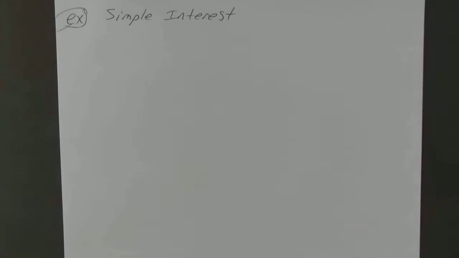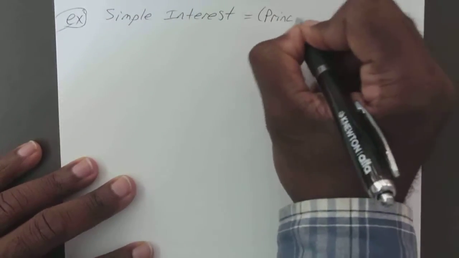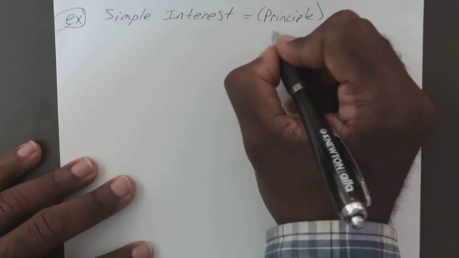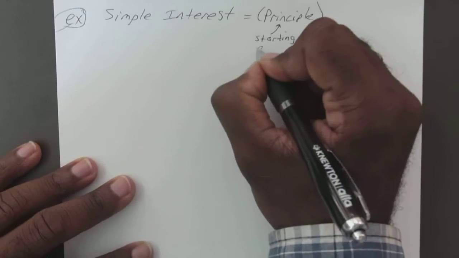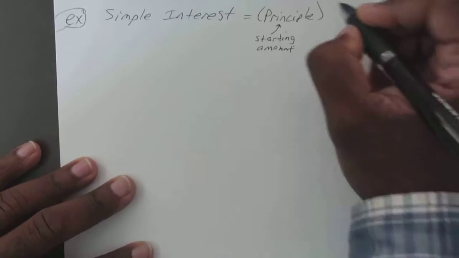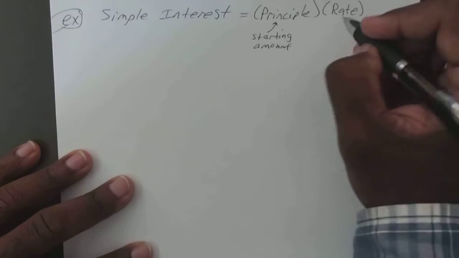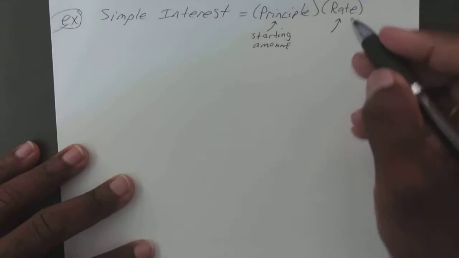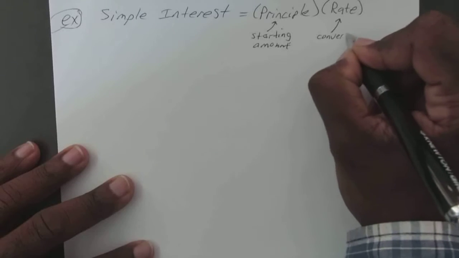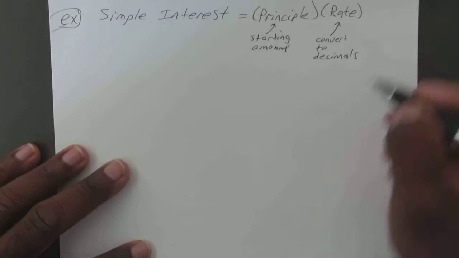Okay, so we know the formula for simple interest. If you forgot it, we can go over it right now. Interest is equal to the principal, which is your starting amount, or the amount invested, times the rate, the interest rate, where that's going to be in percents, but you want to convert it to decimals, times the time.